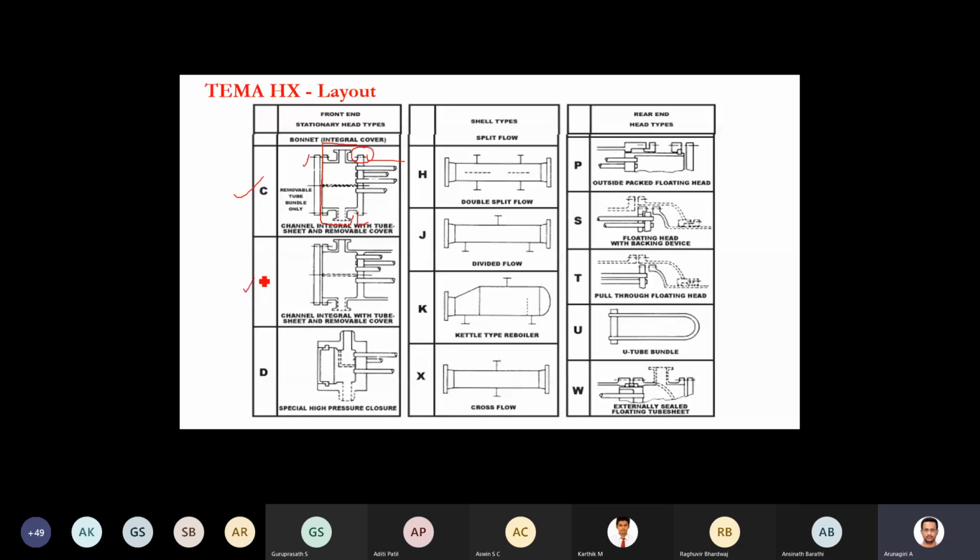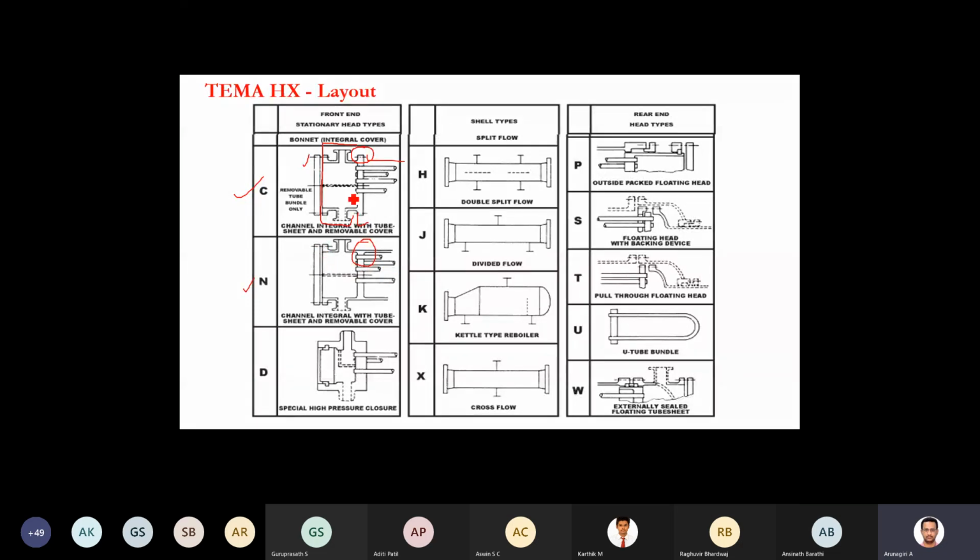Another type is N type. Here a channel is integral with the tube sheet and has a removable cover, similar to these. But here you can see dotted lines, but here you cannot see that portion. Here it is connected with the cell also. So only this cover can be disintegrated.